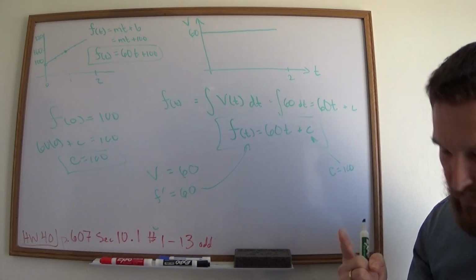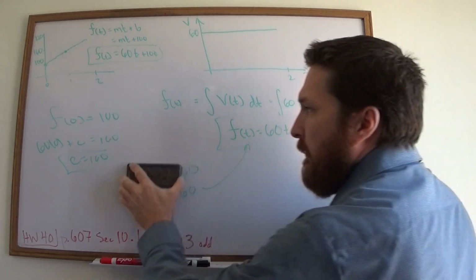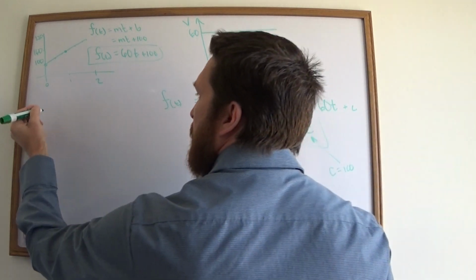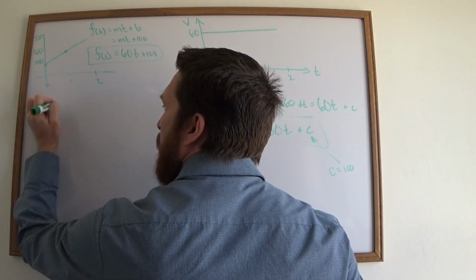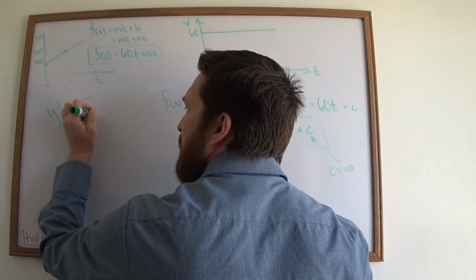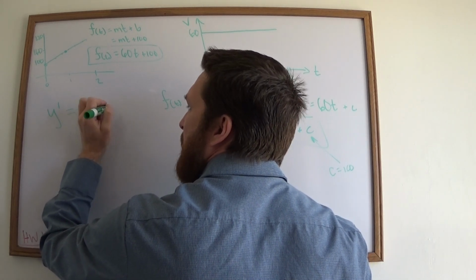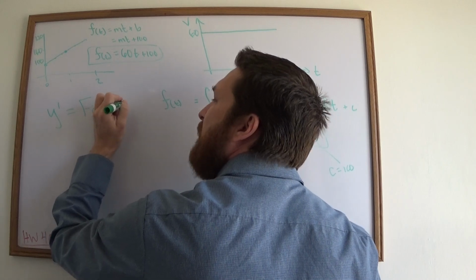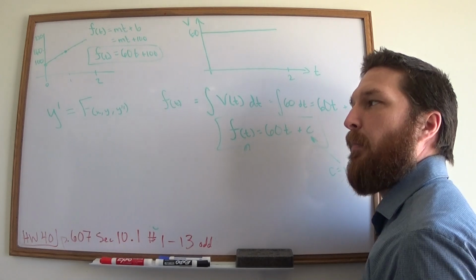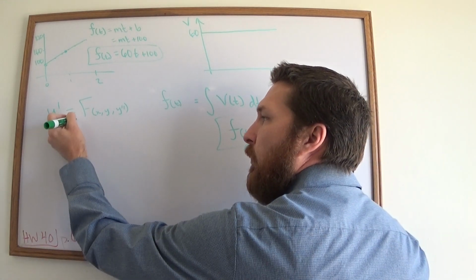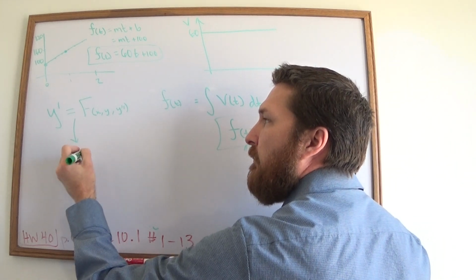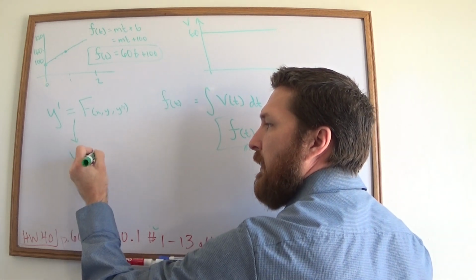And what we needed to do, so in general, here we go. You have some differential equation, which involves y prime equals something, some function involving maybe x, maybe y itself, and maybe other derivatives of y, and so on. And what you get is some y of x, right?